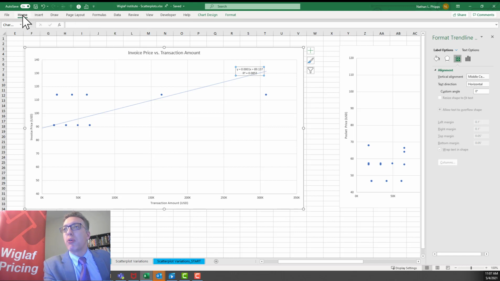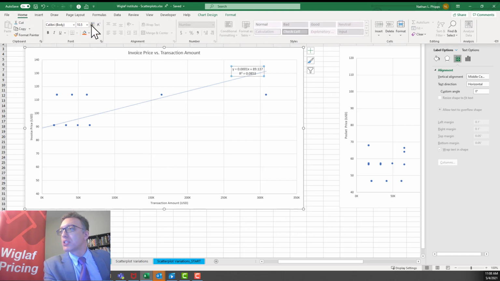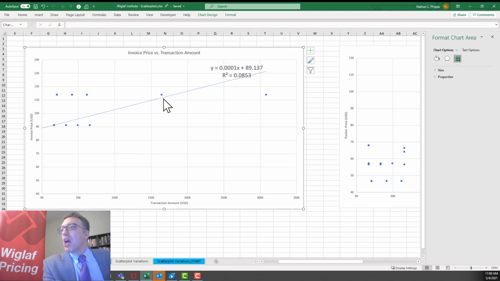Let's blow that up a little bit so you can see what's going on. Okay, so, with the trend line, you can see what your slope is here. You can see where your y-intercept is over here. But the primary value here is in the R-squared amount.